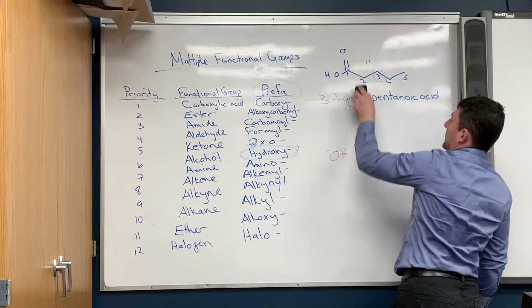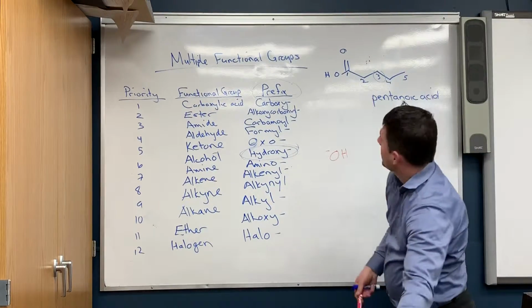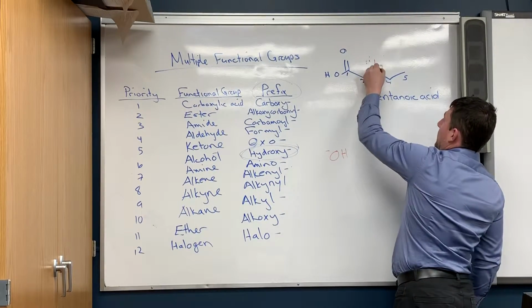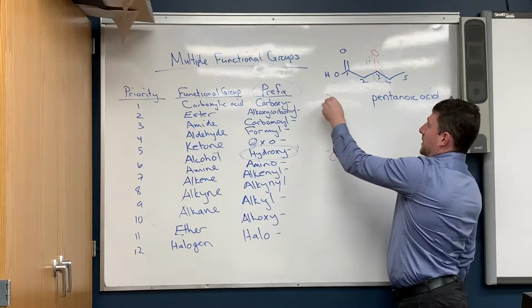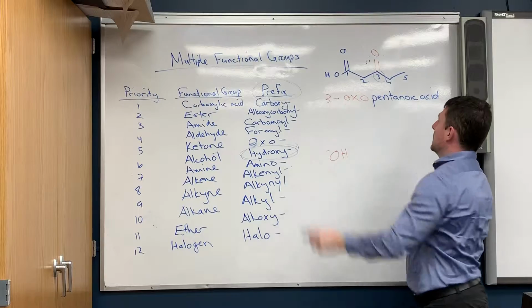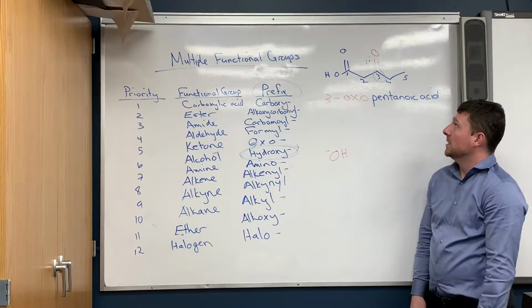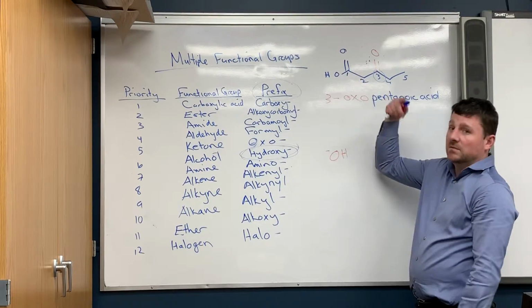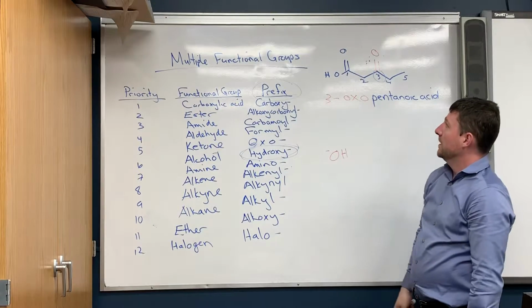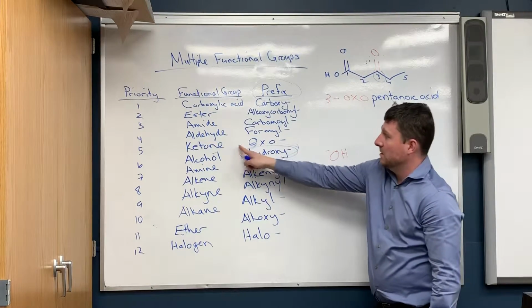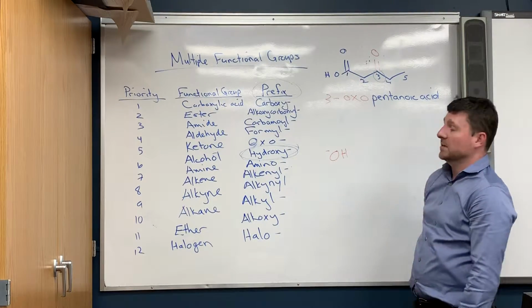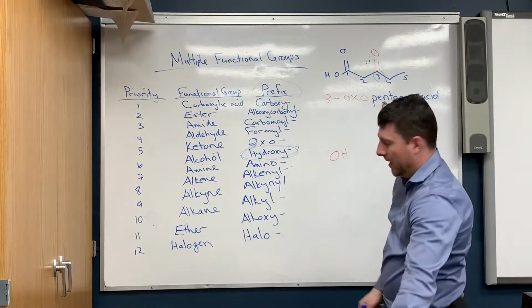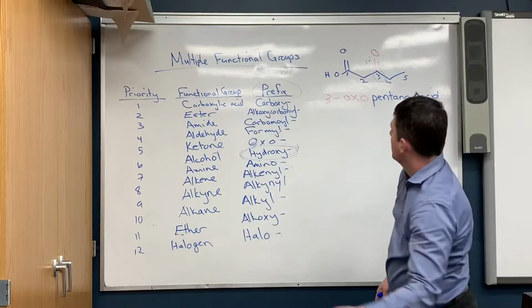I can replace it, instead of with a hydroxide, I could make it a ketone. Then it would be 3-oxopentanoic acid, because the pentanoic acid is still the highest priority. And now the lower priority is the ketone, and I use prefix oxo, it's on the 3rd carbon, so it's 3-oxopentanoic acid.